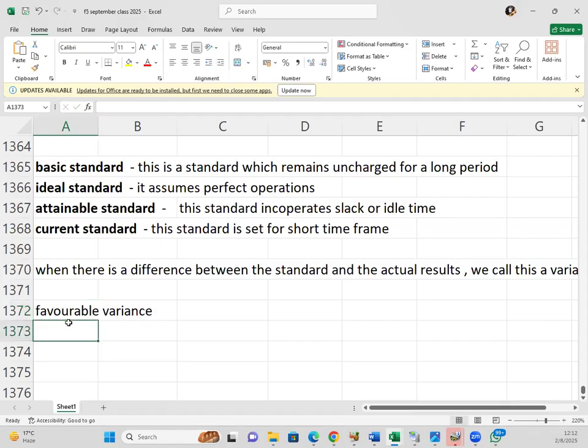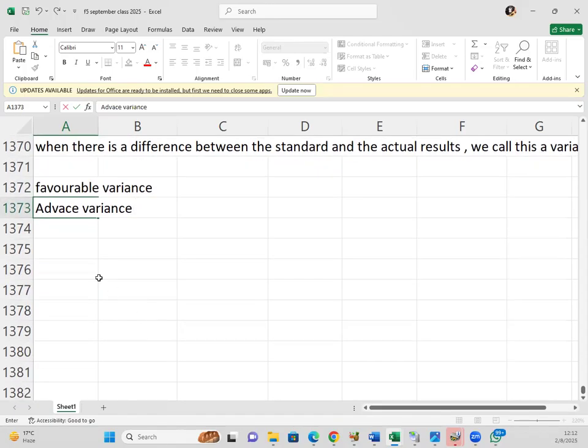If it's bad, it's an adverse variance. These variances, we can calculate the variances for material, for labor, for overheads, for sales. So the variances can either be income variances.